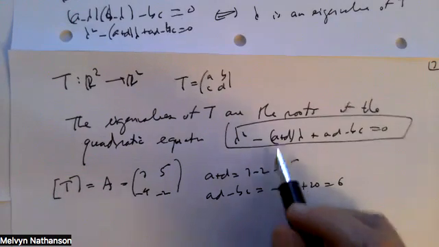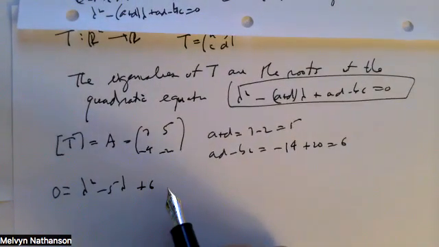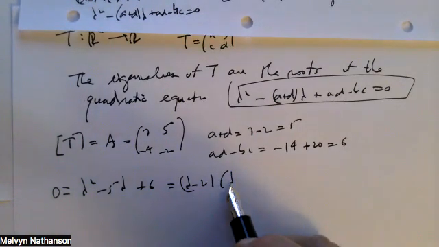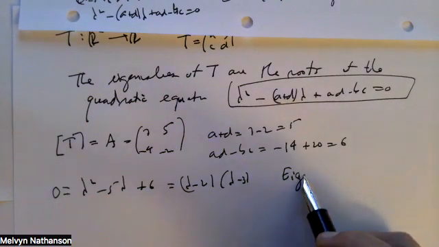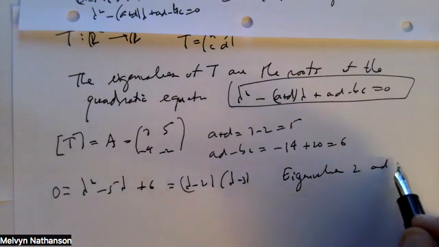So our quadratic equation is lambda squared minus 5 lambda plus 6, and we want to solve this. Well, this is easy. This actually factors. This is lambda minus 2, lambda minus 3. So we have eigenvalues 2 and 3.